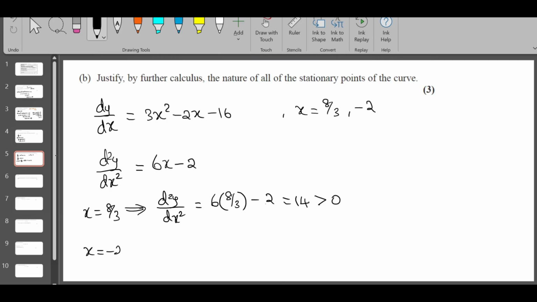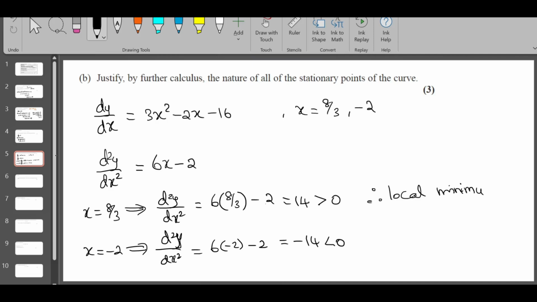When you sub in minus 2, d square y by dx square is 6 times minus 2 minus 2, which is minus 14, negative. So this is a local minimum, this is a local maximum. That's how you find the nature of the stationary points.